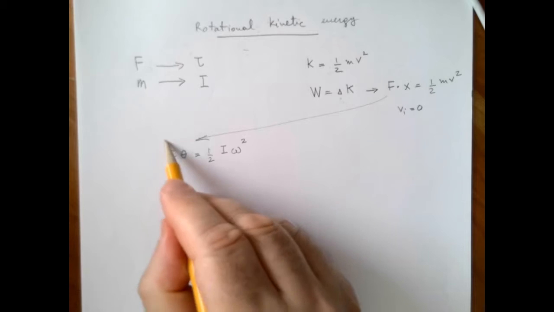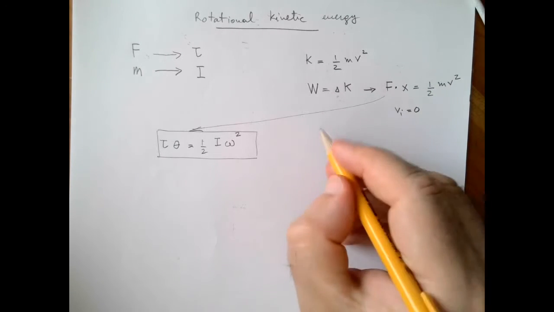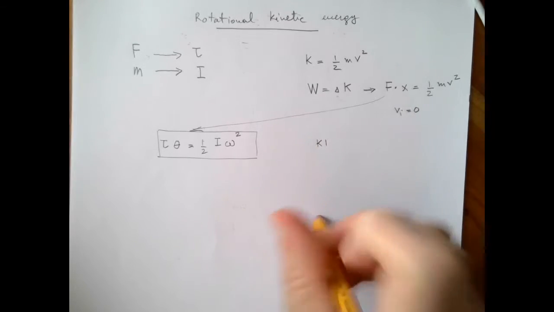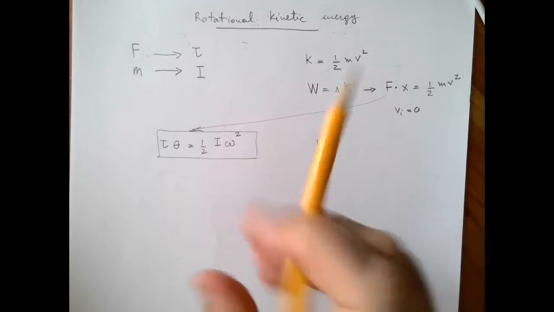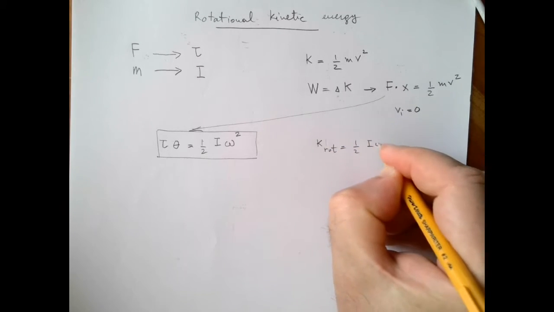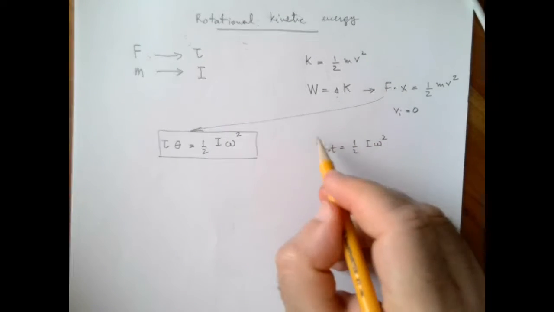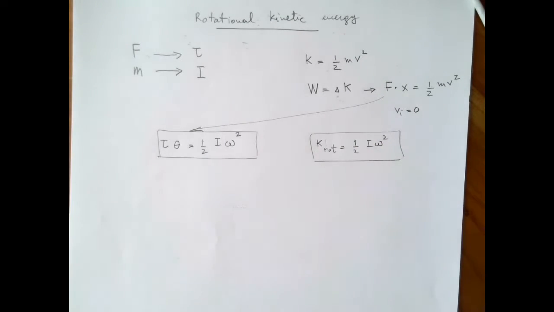So this is the work energy theorem for rotational motion, in which the term 1/2 I omega squared is the rotational kinetic energy.